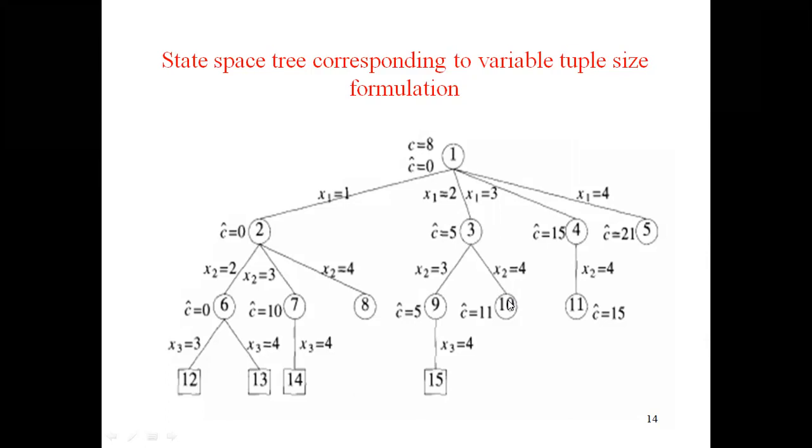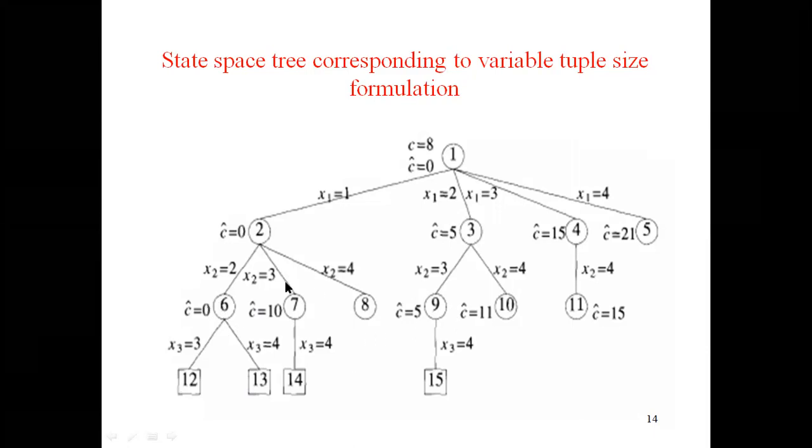So the next E node is node 6. Both the children are infeasible. That is, the children of node 6, 12 and 13, are infeasible. Node 9's only child is also infeasible.